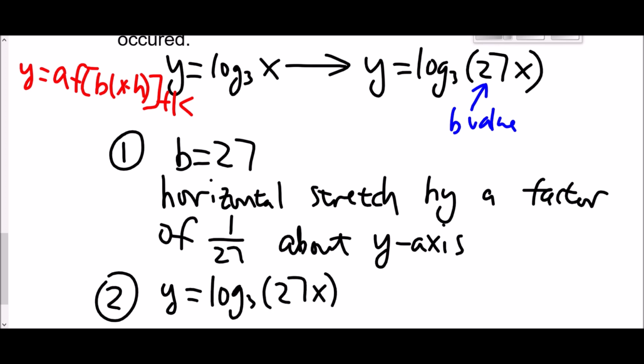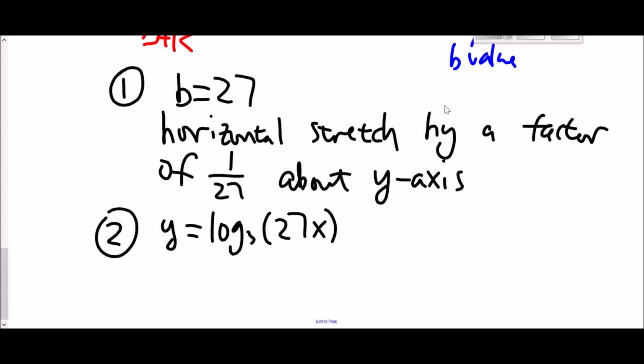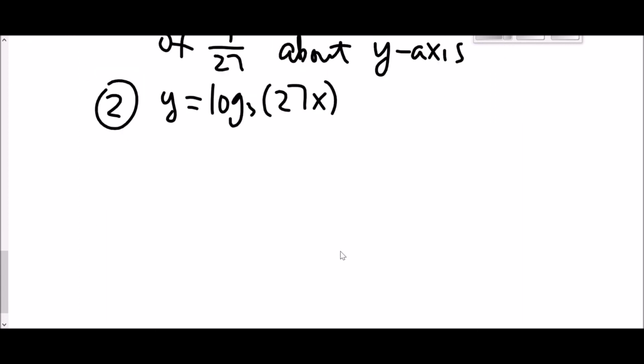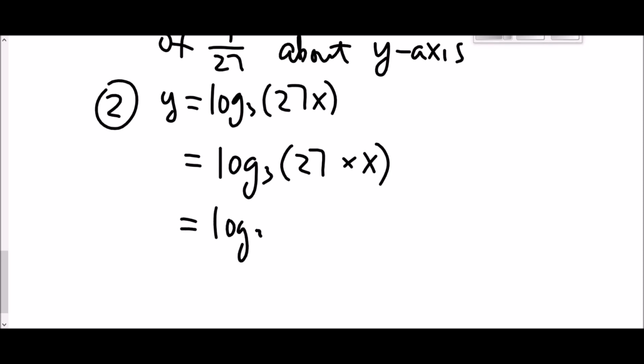So if you apply the product law, then you can write that as log base 3 of 27 times x, and then I can split that up as log base 3 of 27 plus log base 3 of x. If you find this confusing, you can put a dot there for multiplying.